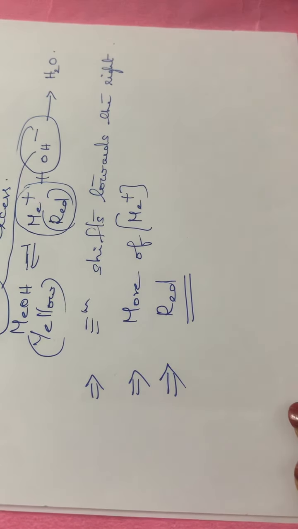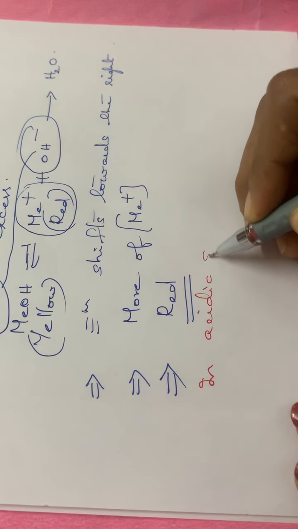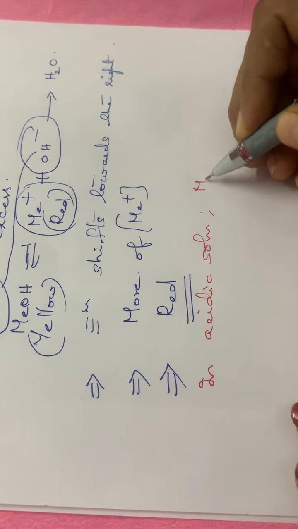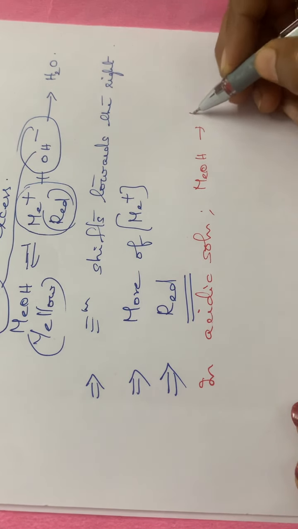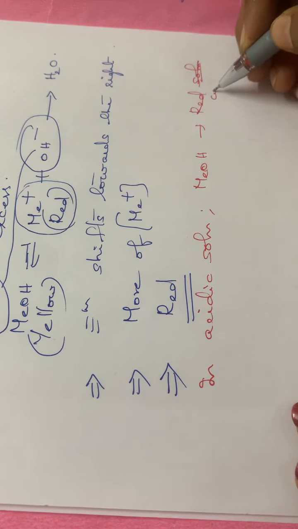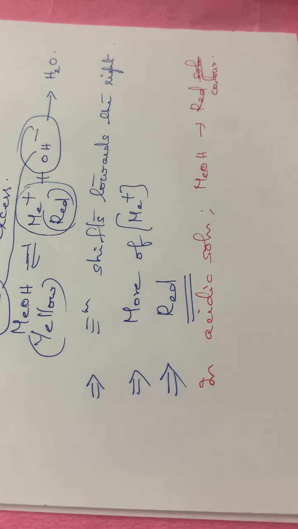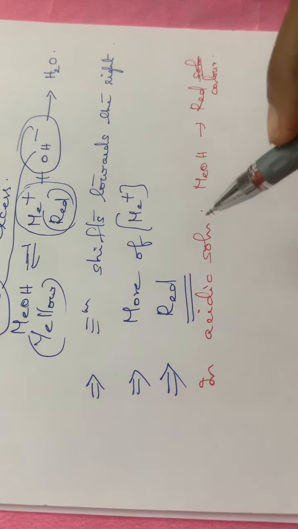Okay. In acidic solution, methyl orange gives red color. If we are taking some HCl in a beaker and adding this indicator methyl orange, we can see that the color changes to red.